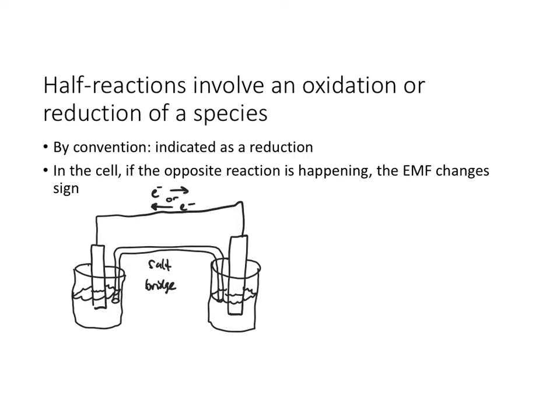And that's going to depend on the reactions that are taking place in either one of these half cells. And the direction that those electrons flow is going to depend on this E, the E of the two half cells.